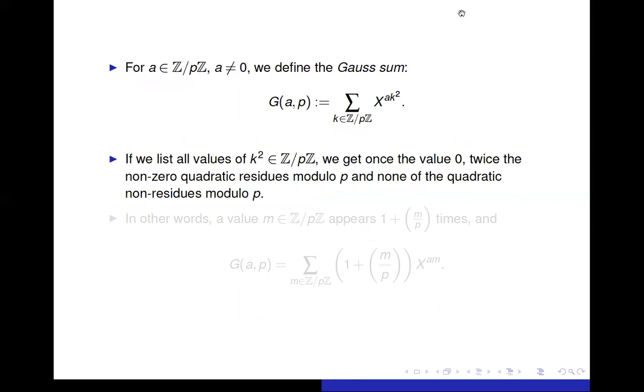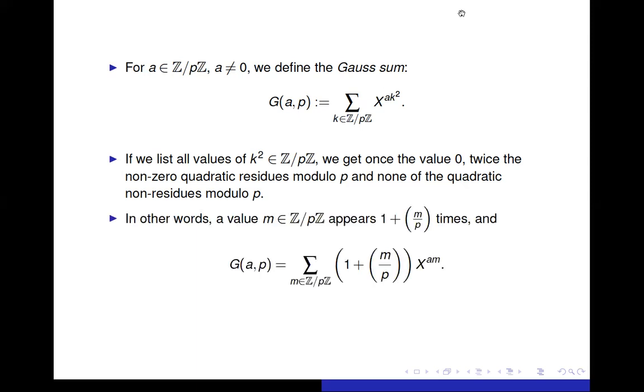If I list the values of k^2 in Z/pZ, I get once the value 0, since 0 squared equals 0, twice each non-zero quadratic residue modulo p, because if k^2 equals some quadratic residue, then (-k)^2 is also the same quadratic residue, so I get it twice. And the non-residues, I don't get them.